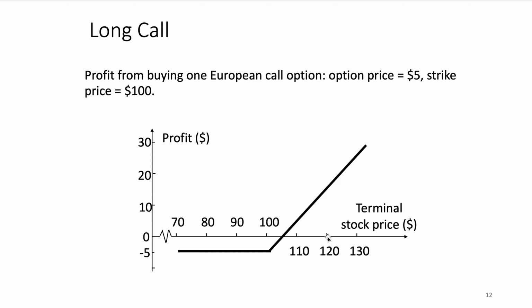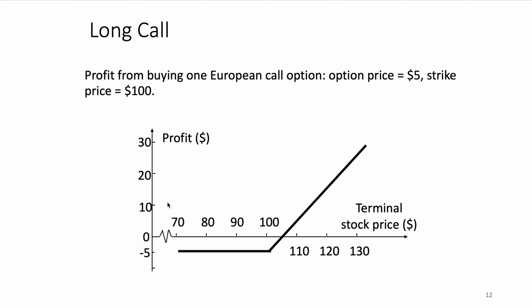Now, if the stock price at the maturity is 120, you buy the 120 stock, you pay only the 100 exercise price, right? So S minus X is equal to 20.